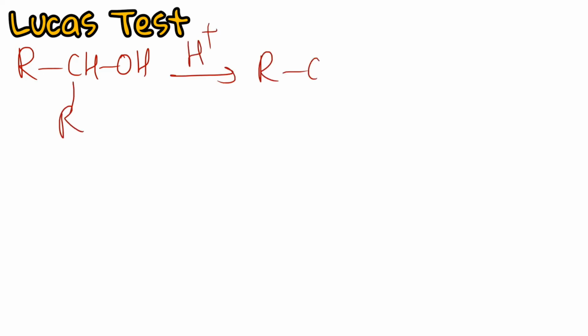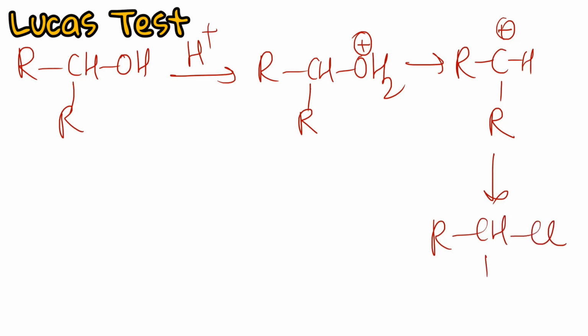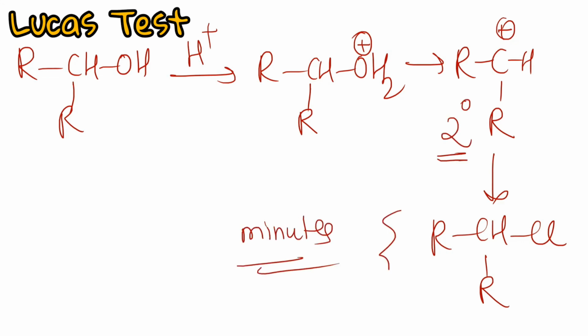In the same way, if I have the secondary alcohol over here, what will be the mechanism? OH2 plus, positive charge on the oxygen, then the secondary carbocation, and I get the secondary alkyl halide, right? So for the secondary carbocation, turbidity appears in minutes for this solution.